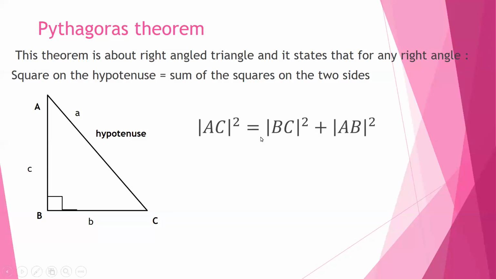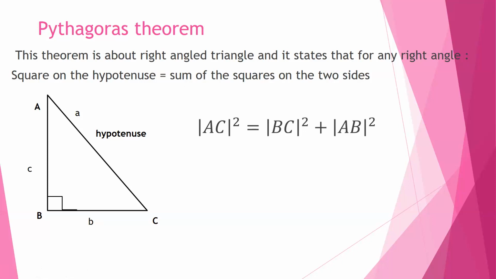So we have an equation telling us that the square of the line AC is equal to the sum of the squares of the opposite sides. So the square of line BC plus the square of line AB is equal to the square of line AC, right? So we have it here.